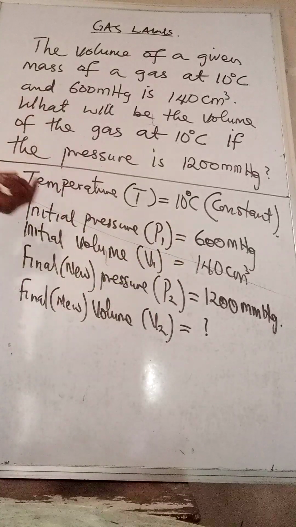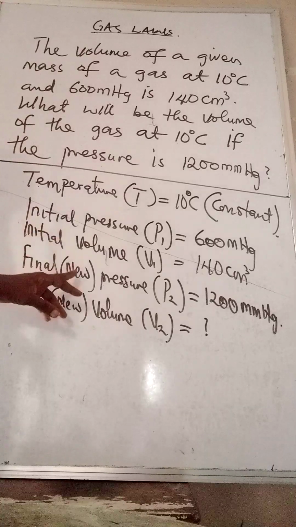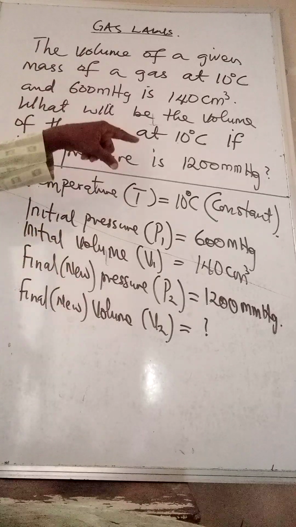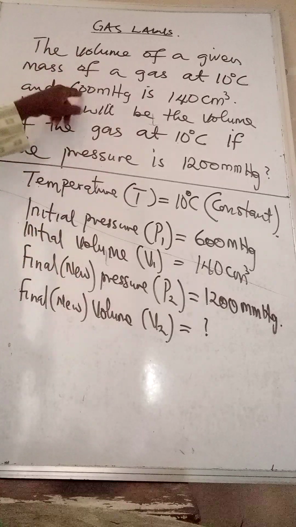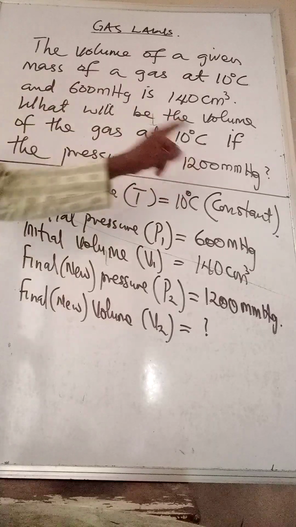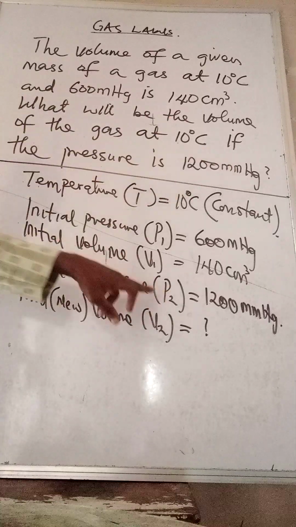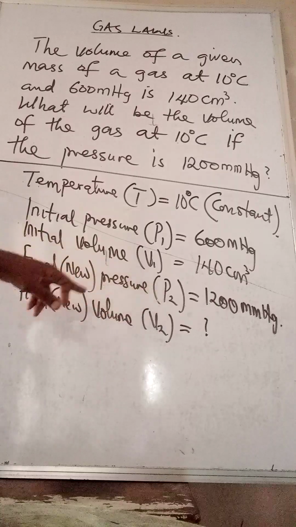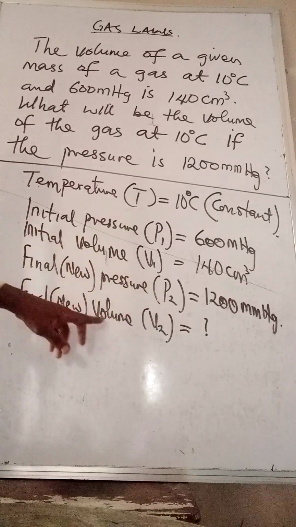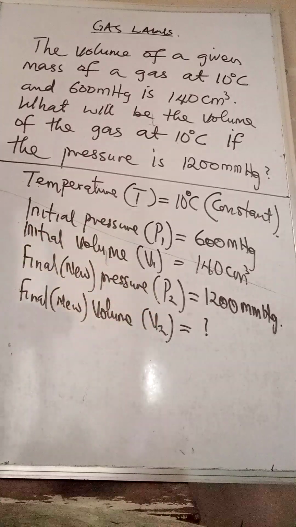Now, we are asked to find another volume, which will be the new volume, when the pressure has increased from 600 to 1200 millimeter mercury, which is the final or new pressure. So we are looking for the final or new volume, which is V2. The next thing is to copy out the expression derived from Boyle's law.